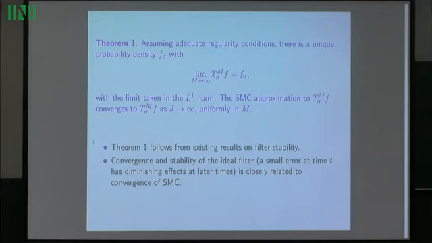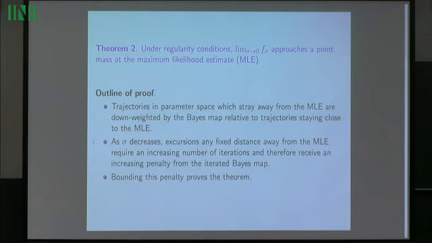This is basically a filter stability result, but because the perturbed Bayes map is not a contraction in the usual metrics, you have to move to the Hilbert projective metric to get the convergence, and then move back to whatever norm you want. Okay, so this map converges, and we then want to know that if the perturbations become small, it converges to a neighborhood of the MLE.